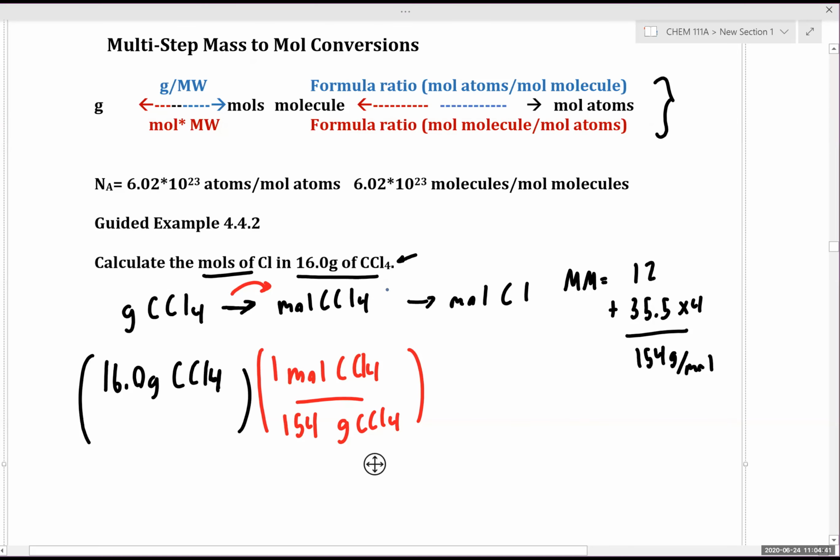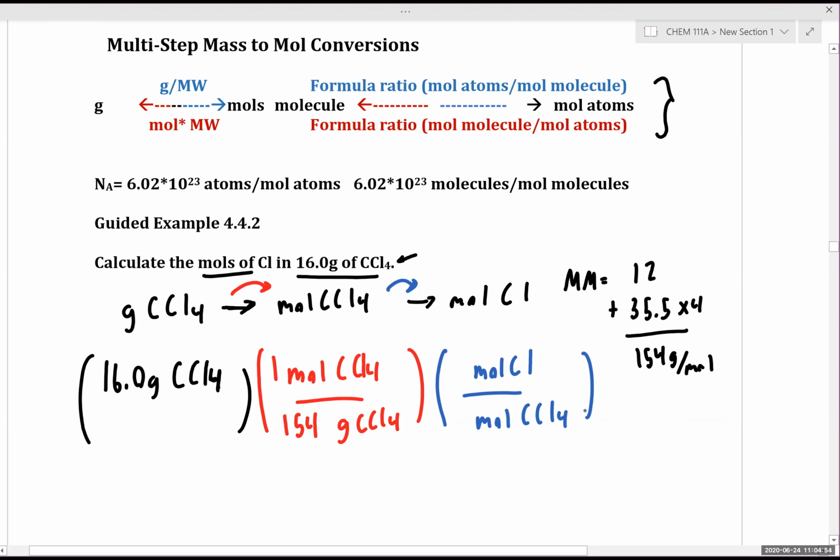Now, if we're going from moles of carbon tetrachloride to moles of chlorine, my question to you is, how many moles of chlorine do we have per mole of carbon tetrachloride? How many chlorines do we see in the formula CCl4? How many moles of chlorine do we have? 4. So we have 4 moles of chlorine per 1 mole of carbon tetrachloride.